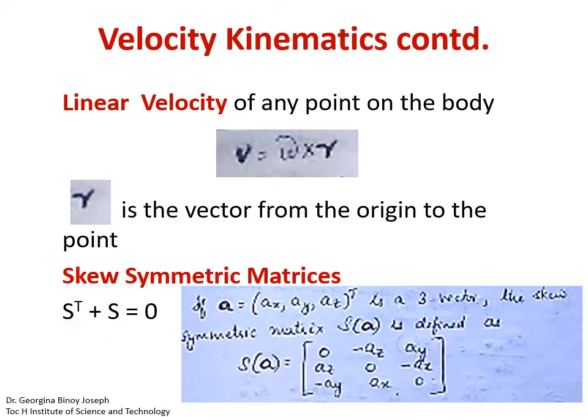So we can write, for any vector a equal to ax, ay, az transpose, the corresponding skew symmetric matrix S of a in this format. You can see the diagonal elements are 0 and you have minus az, az, ay, minus ay, minus ax and ax. So this is the format that you should remember.